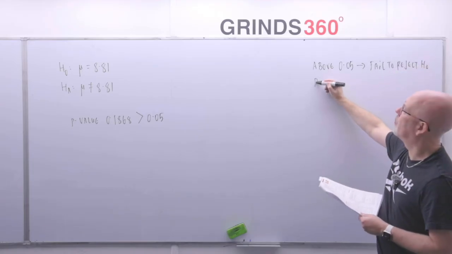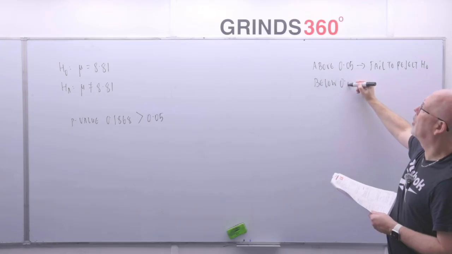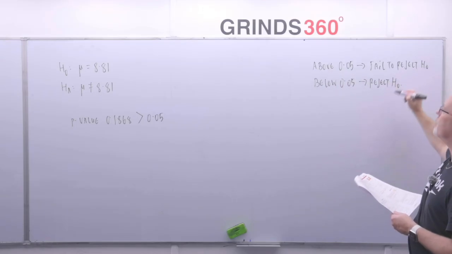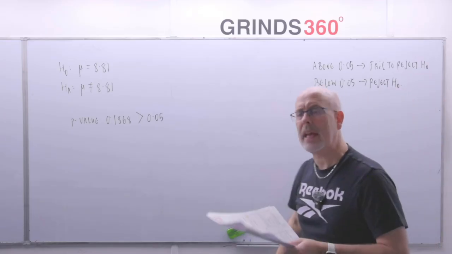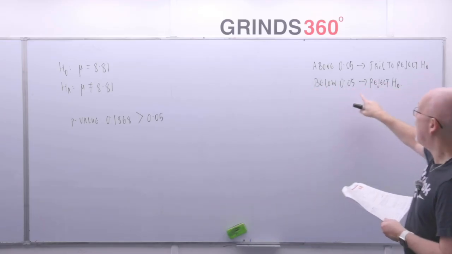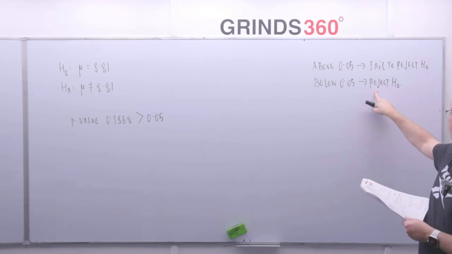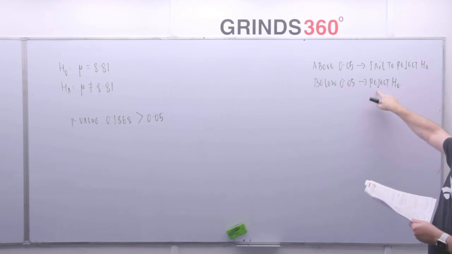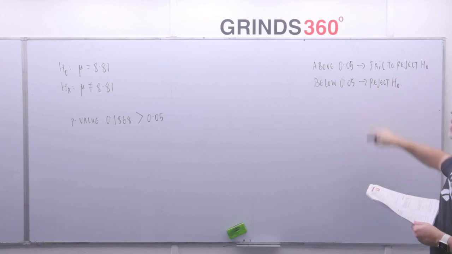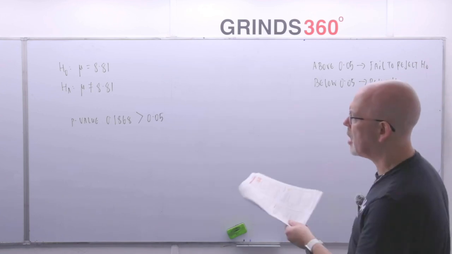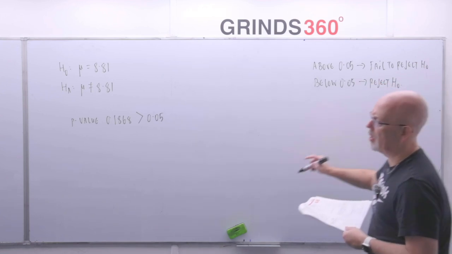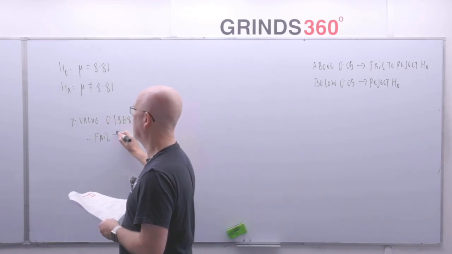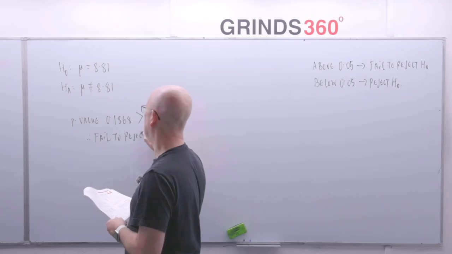If it's below 0.05, you reject H0. So just remember, if P is below, H0 must go. It's rejected. In this case, 0.1868 is above 0.05, so we fail to reject H0.